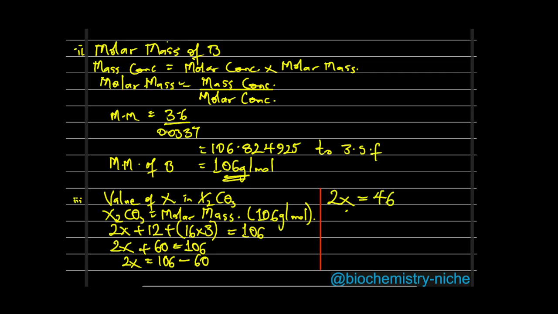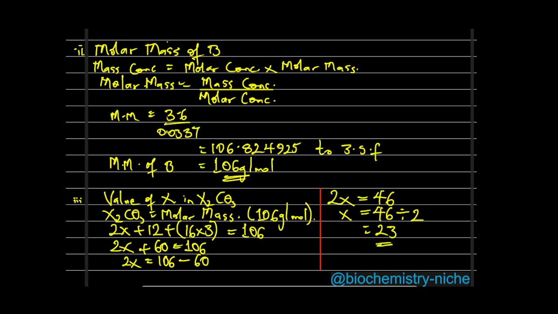So our x equals 46 divided by 2, and that is going to give us 23. So the value of x in X2CO3 is 23. That is the answer for the first question.